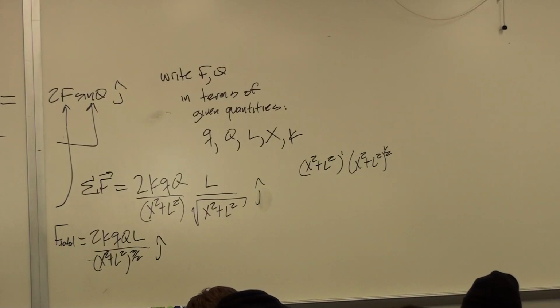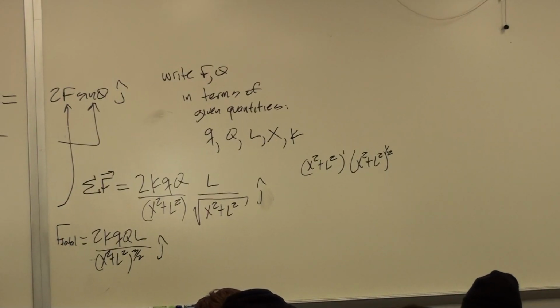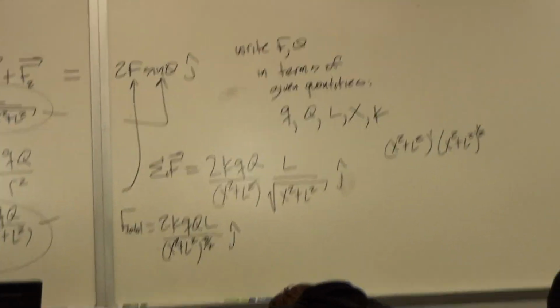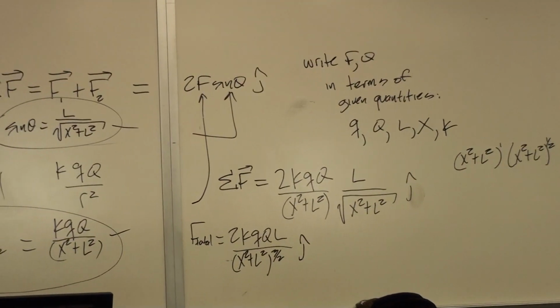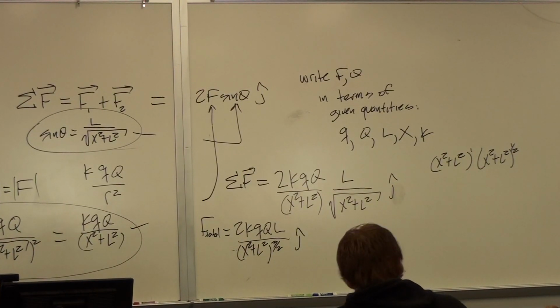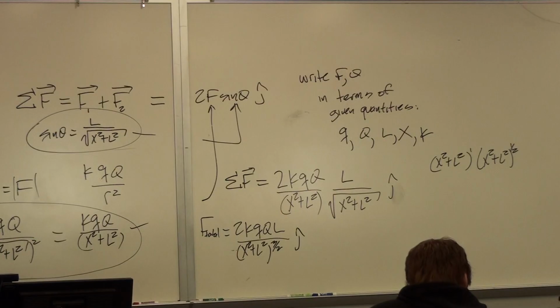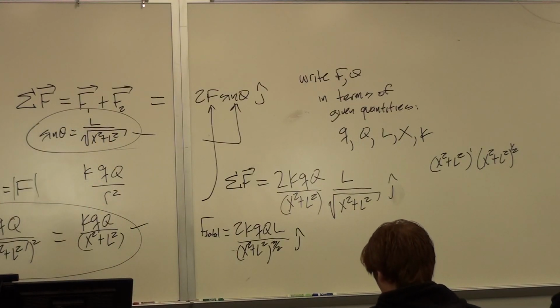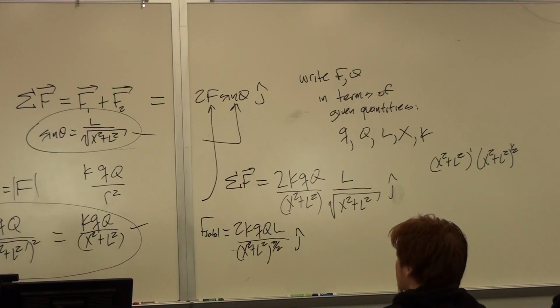Okay, so we can plug in numbers for those if we want. Let's ask how much smaller is the force at x equals L as it is at x equals 0.